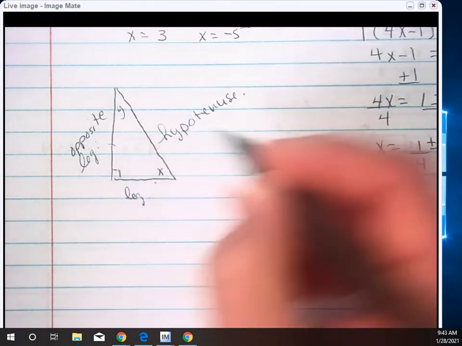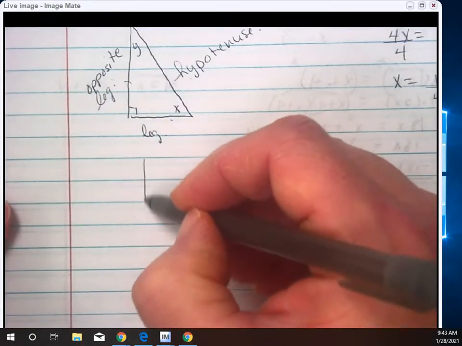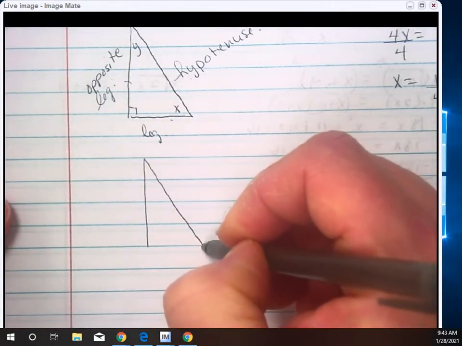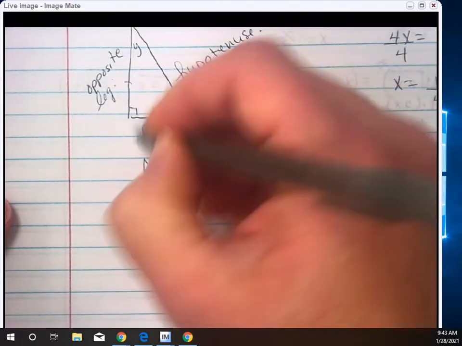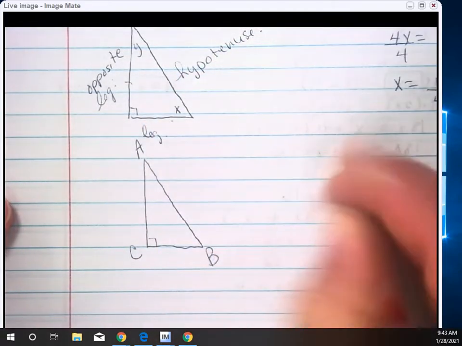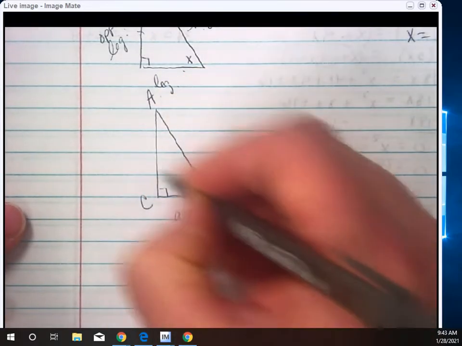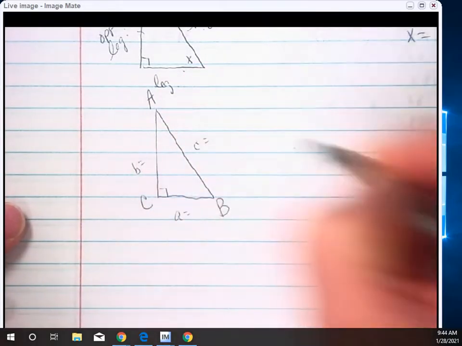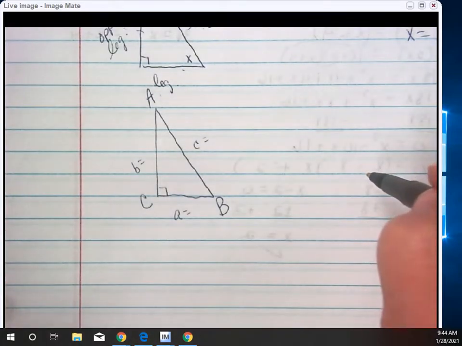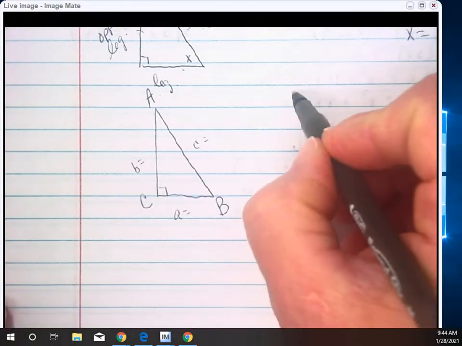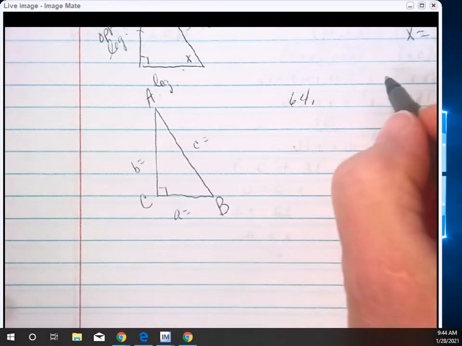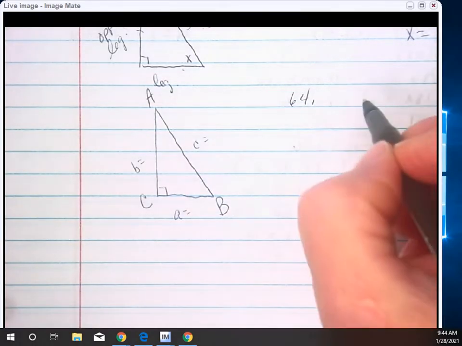So if we have our triangle labeled, typically the way they label them, capital letters are going to be the vertices or the points. The sides opposite those are going to be the lowercase letters. So on problem 64, it says that you want to find c.